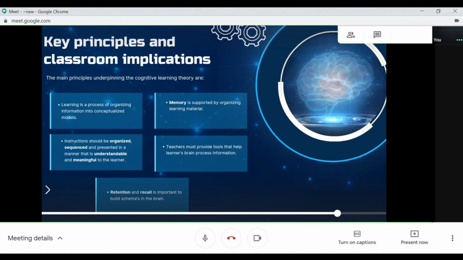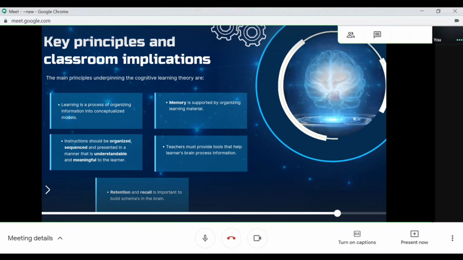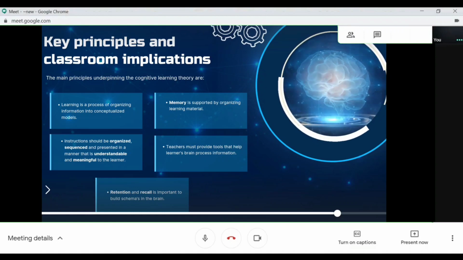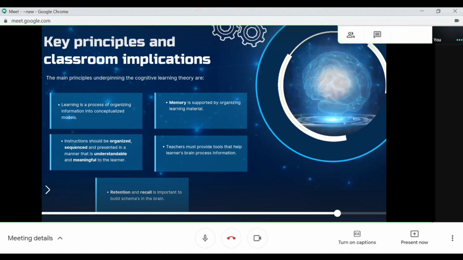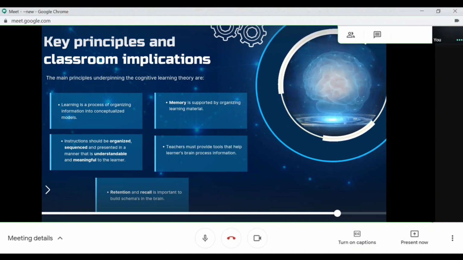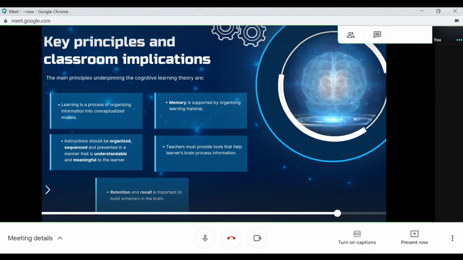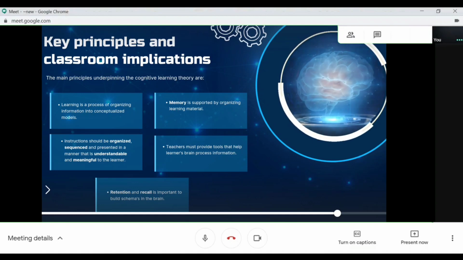The next one is memory is supported by organizing learning materials. Remembering or recalling knowledge is from our memory. So the learning material should be organized so it has a logical flow that just makes sense. It allows students to clearly see how the main concepts are related.